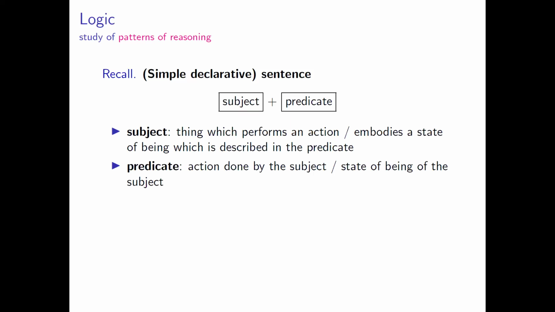To determine if an expression written in mathematical notation is a complete sentence, it is helpful to read it aloud or to write it in words. For example, let us consider this expression, which we read as the limit of sine x over x as x approaches 0 is equal to 1. The words limit of sine x over x as x approaches 0 make up the subject of the sentence.